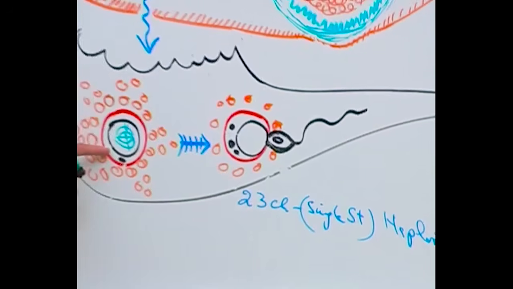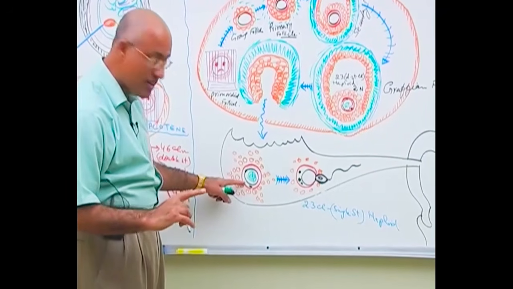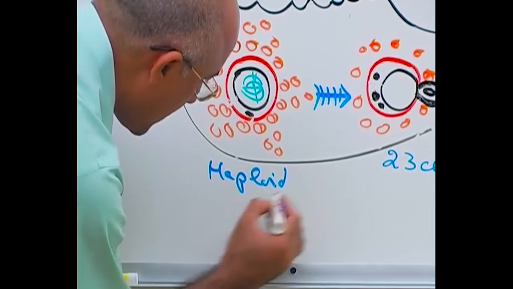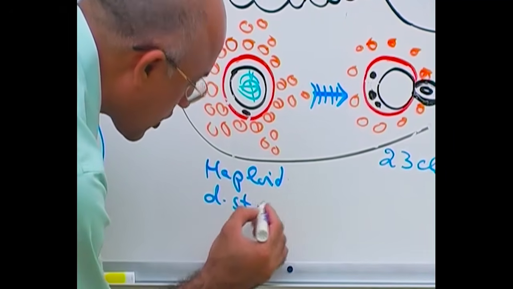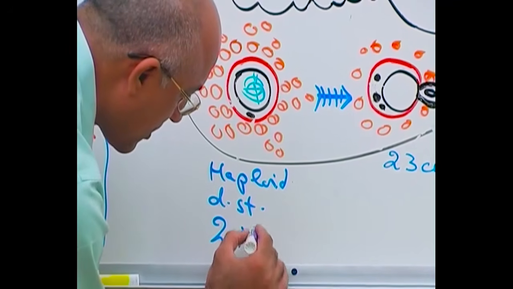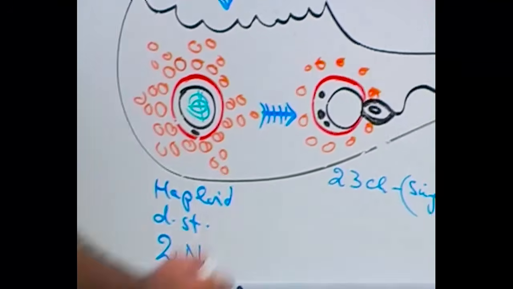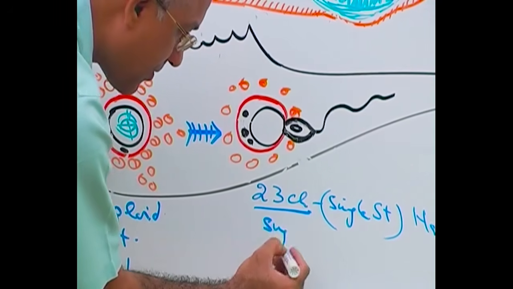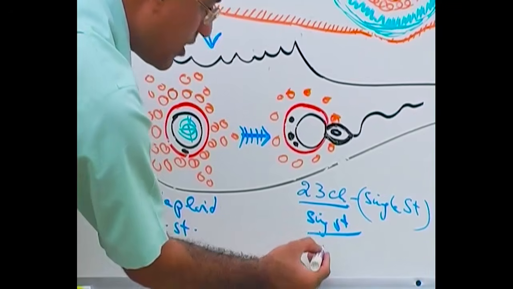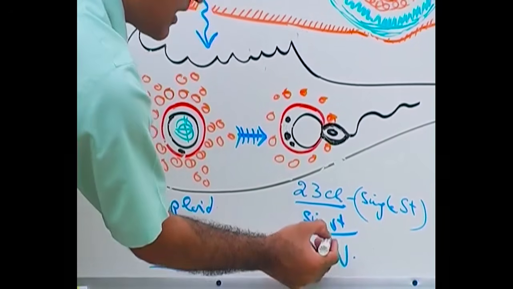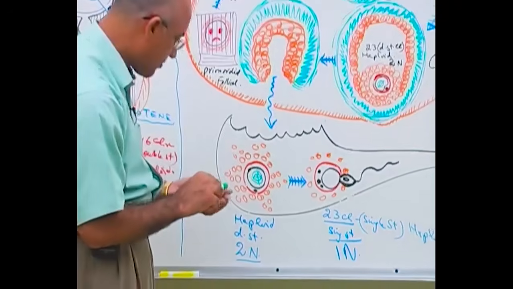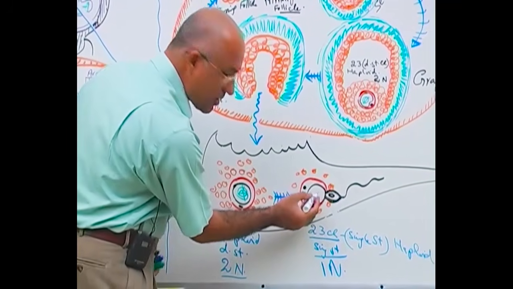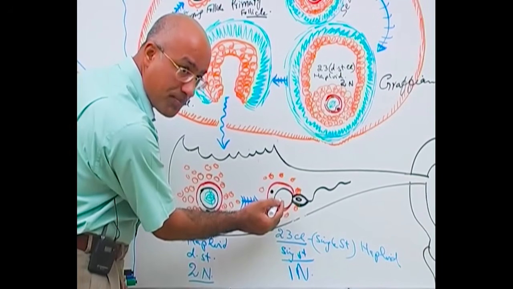But the secondary ovum was also haploid but double structured, with 2n DNA material. Now the definitive ovum has 23 chromosomes but single structured and 1n amount of DNA. Now this converts into the fertilized ovum, right?